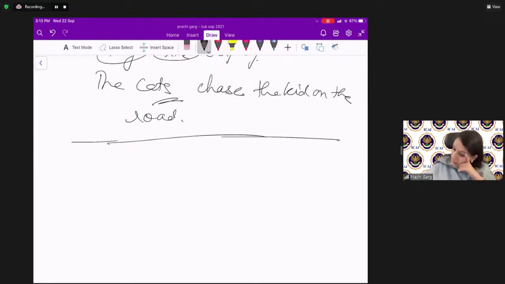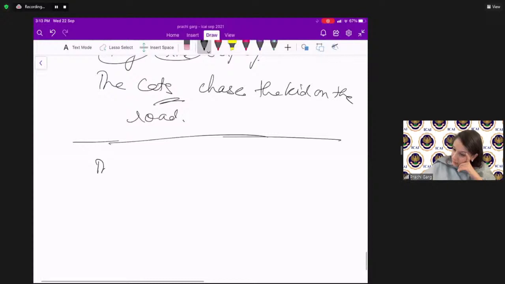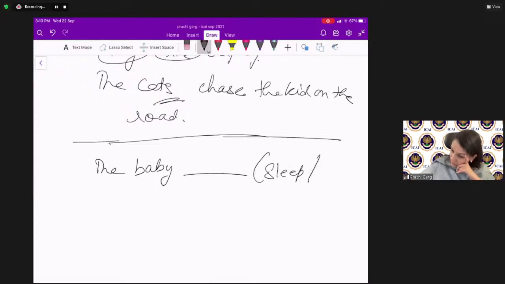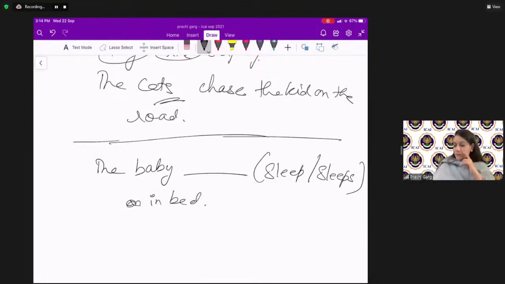The baby sleep or sleeps? Which one will you choose for the baby? Quickly answer.